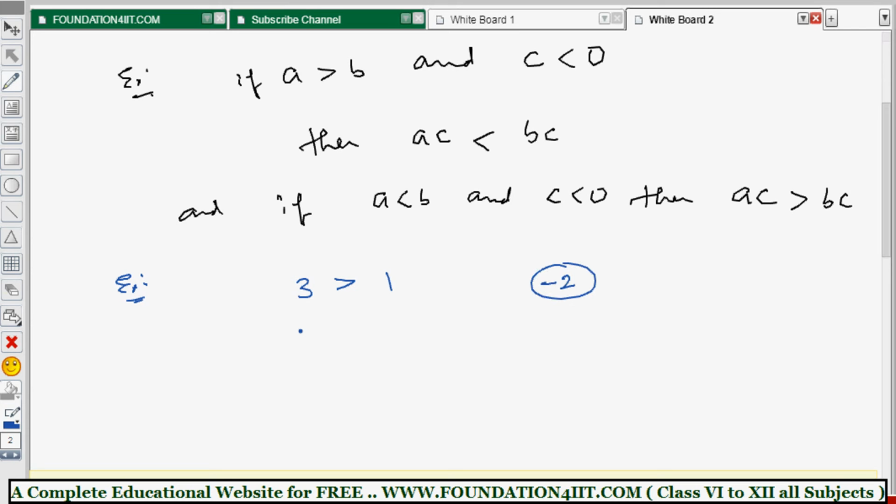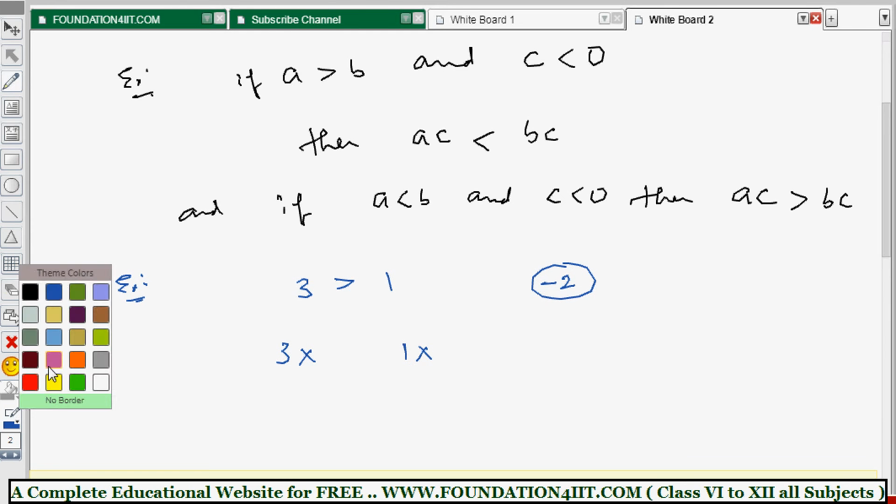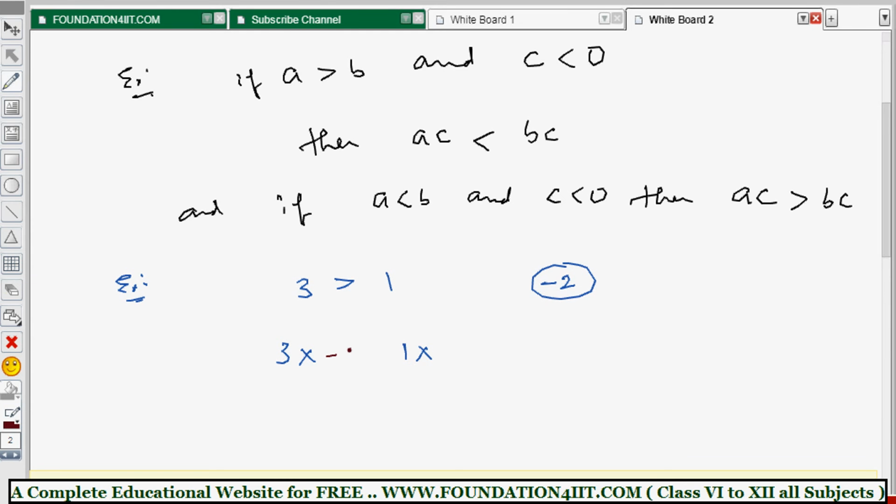I need to multiply both sides with this negative number. 3 times minus 2 is minus 6, 1 times minus 2 is minus 2. Now you tell me, minus 6 is less than minus 2. Okay, in the place of greater than, this becomes less than.